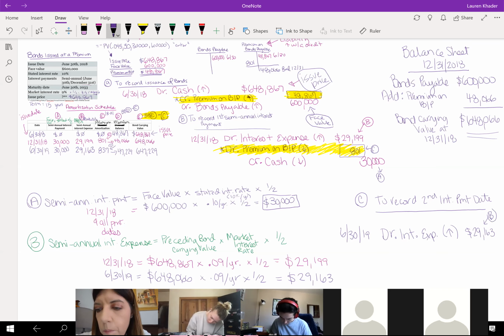Column B, we're going to debit premium on bonds payable, reducing the balance by 837.